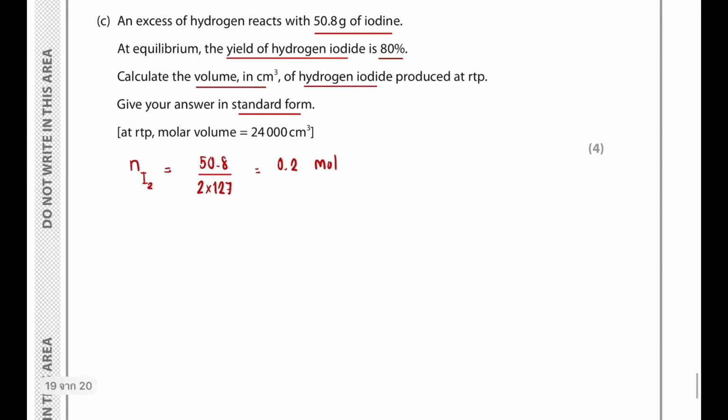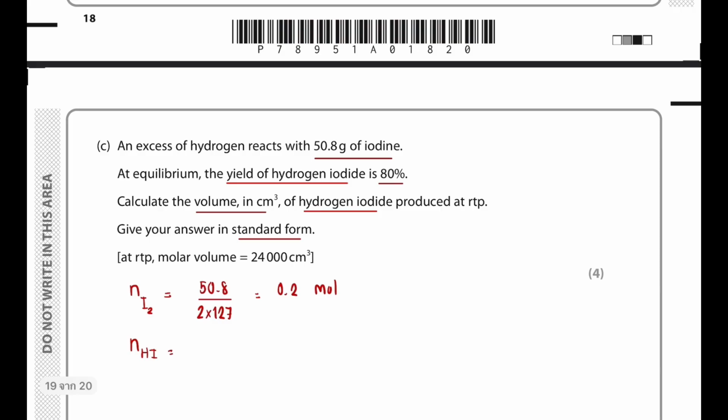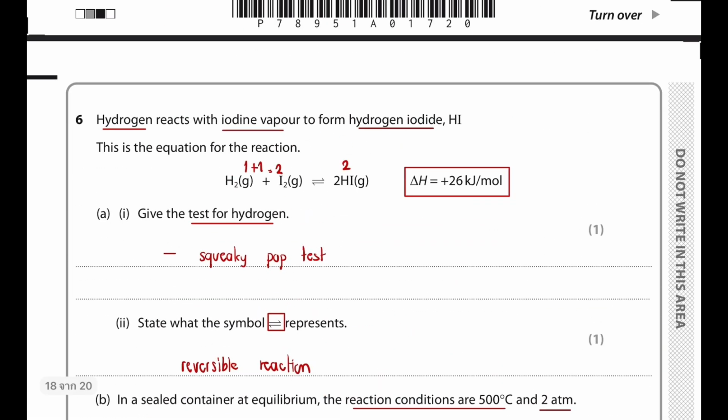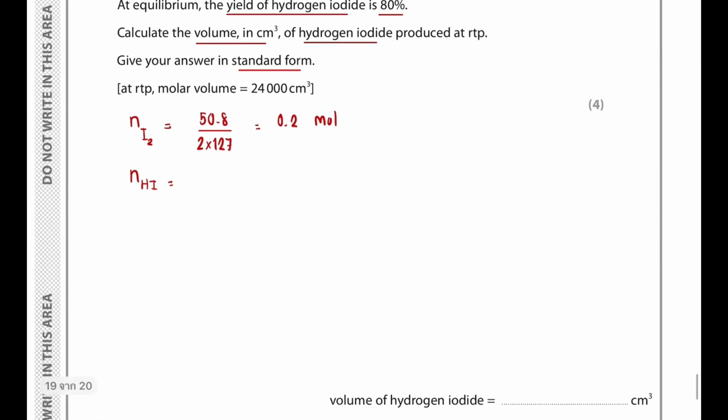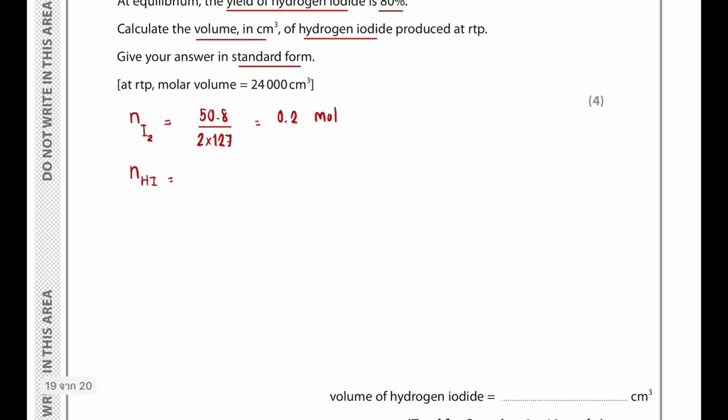Okay, then the number of moles of hydrogen iodide will be equal to, it is 1 to 2. So it will be equal to 0.2 times 2 times 80 divided by 100. So the moles of hydrogen iodide will be equal to 0.32 mole.